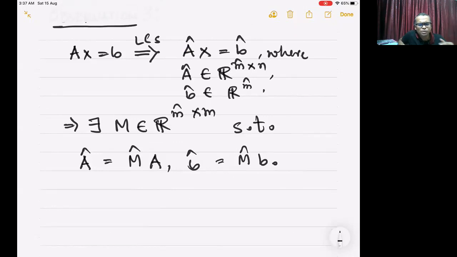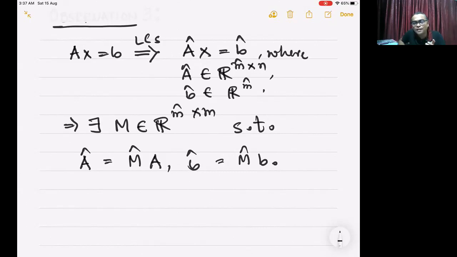Let me give you some time to see that this is true. Just see how A hat is obtained. Every equation in A hat is a linear combination of equations in A. So for every row of A hat, there exists a row vector that multiplies A from the left and gives me that row in A hat.